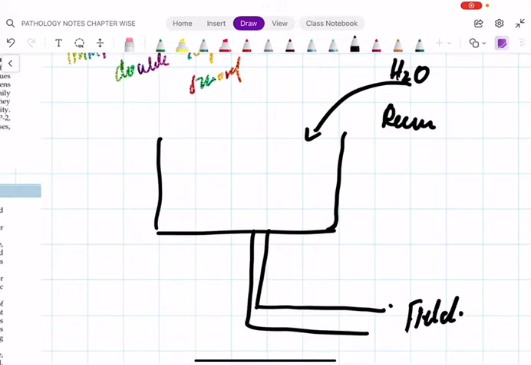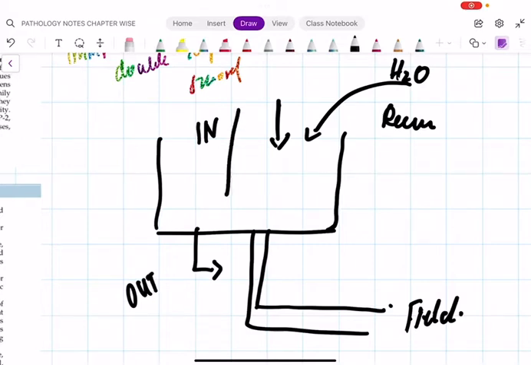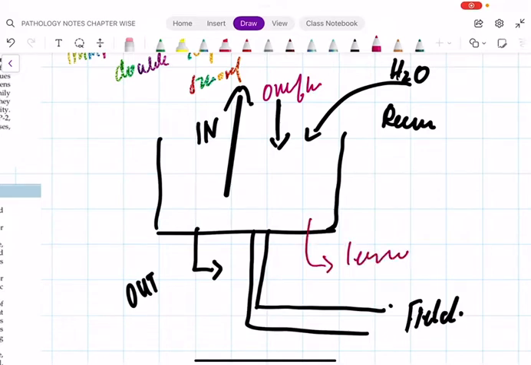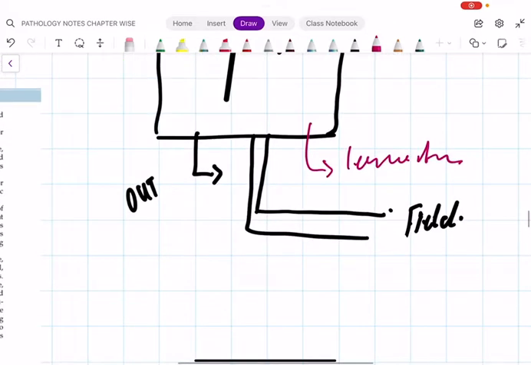There should always be a balance between the water which flows in and the water which flows out. Suppose there is no balance, what will happen? Either it will overflow, or there will be less water if there is more outflow.